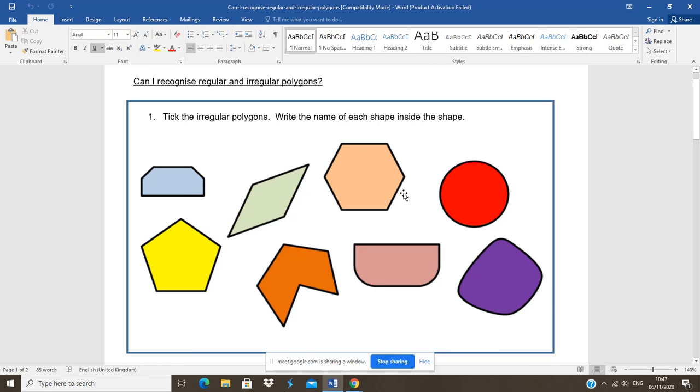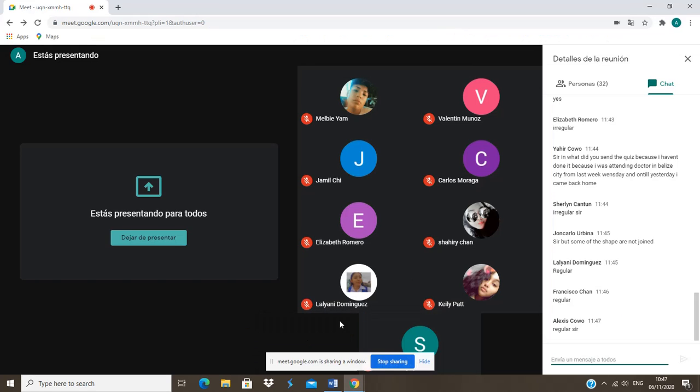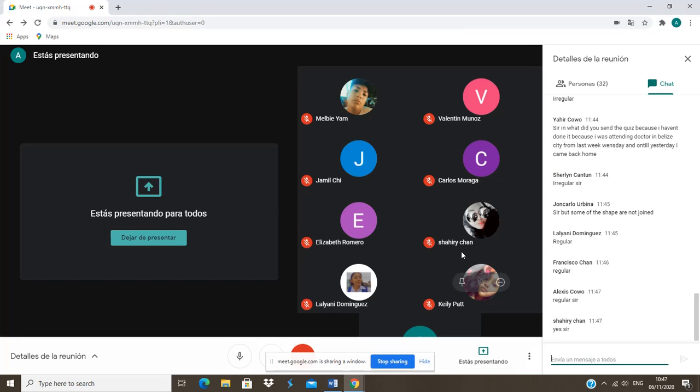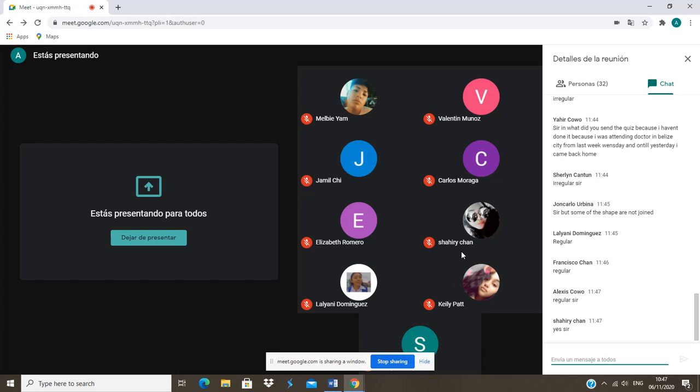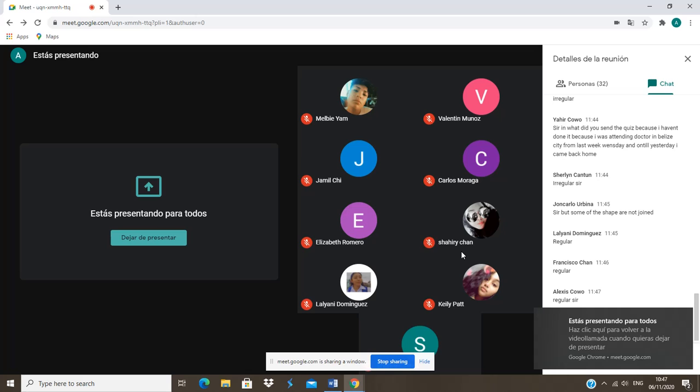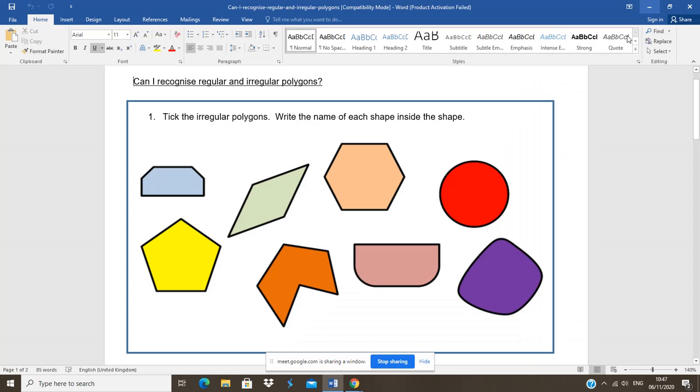And how do we call this figure? Last class I gave you this figure to draw, so you must know. Hexagon, exactly. It's a hexagon. You already drew this on your drawing. I already got some of your papers and I am checking them already.